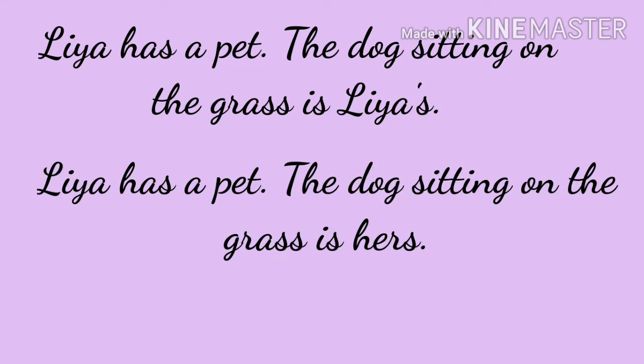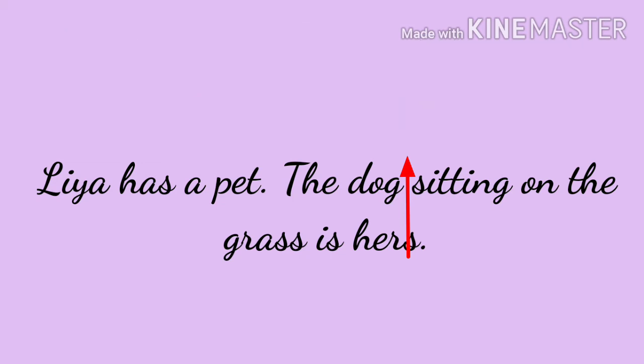Which possessive pronoun do we add here? Yes, hers, to avoid that repetition. Here, hers is replacing the possessive noun Leah's and it is showing possession or ownership. And how do we write the possessive pronoun here? Yes, we write it without the apostrophe.